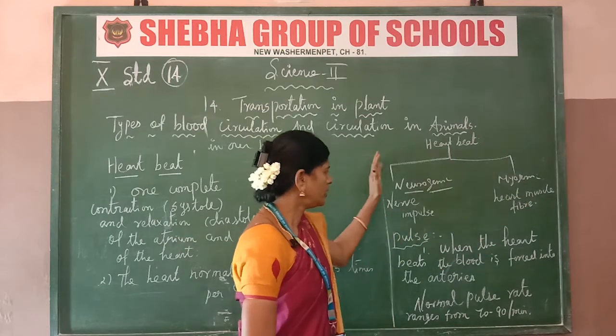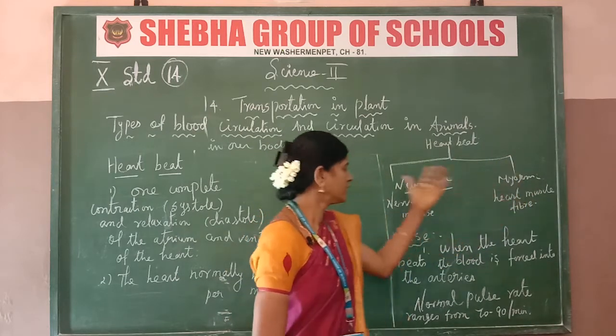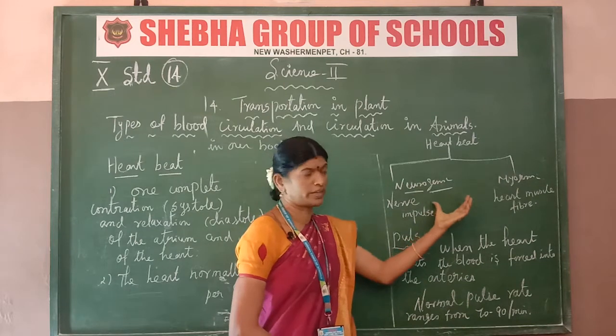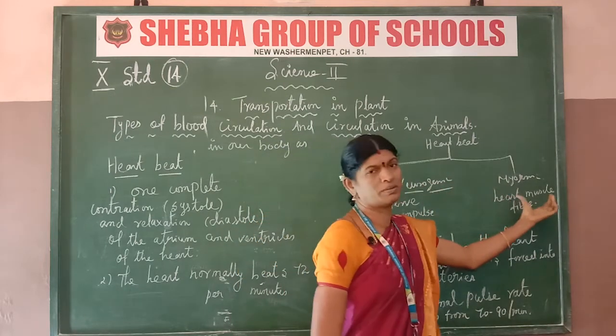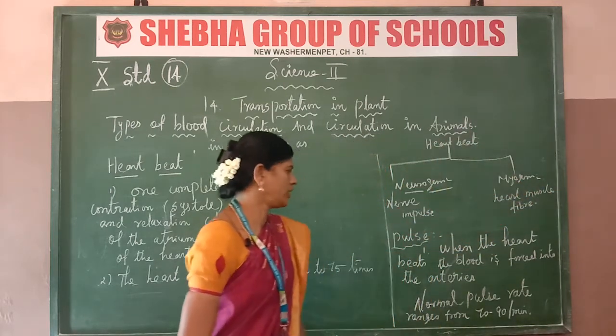It's clear? Neurogenic is a nerve impulse; myogenic is only the heart muscle fibers.